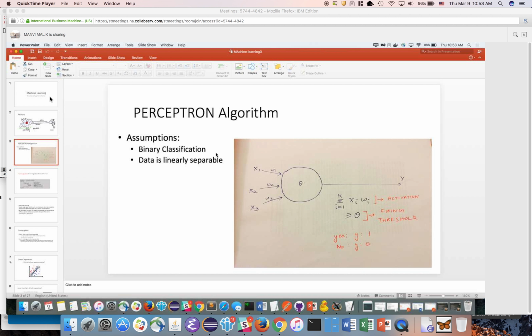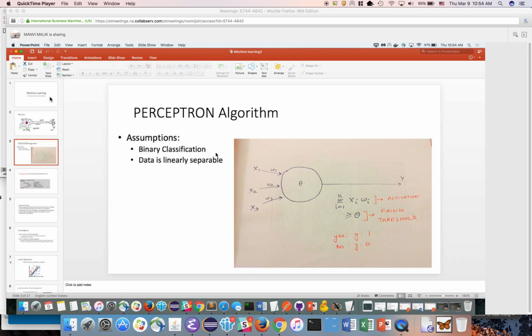Then you have a weight vector, how much weight you are assigning to each data point, let's say W1, W2, W3, so on. And this is some bias value. You add this bias so that your plane moves away from the origin. So this is your threshold function.